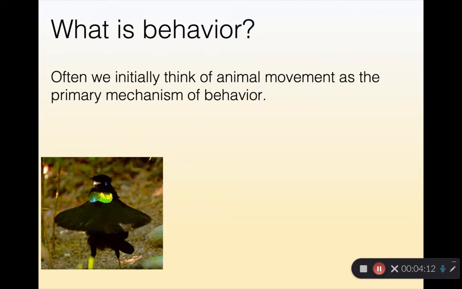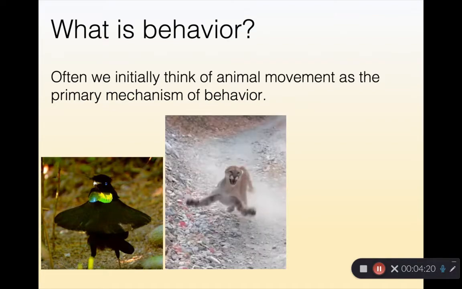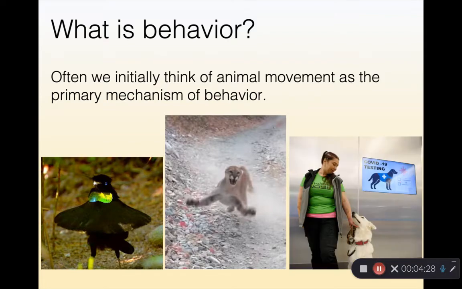So very clear movement and exaggerated movement occurring there. Or you might think of the viral video that was out this last week of a cougar protecting her cubs. And then lastly, you might think of more complex behavior, for example, dogs learning how to detect COVID-19 in airports.